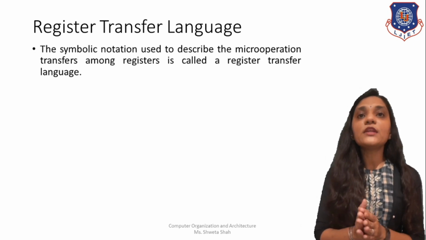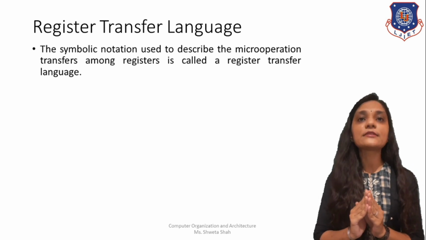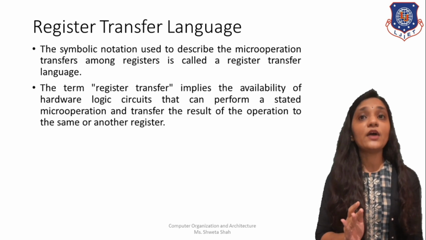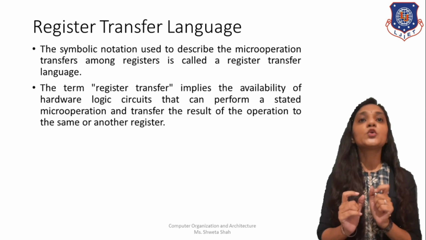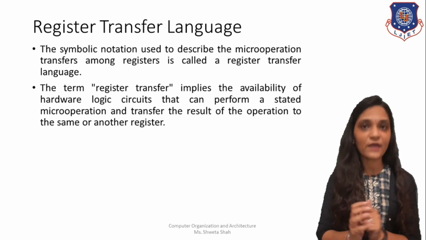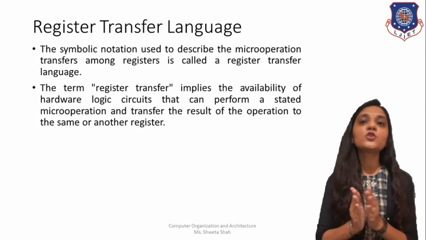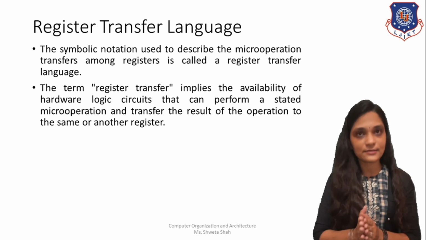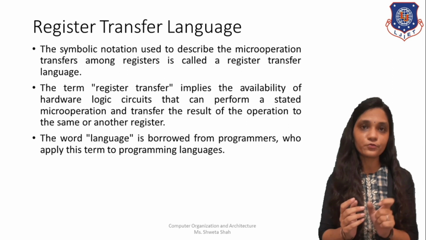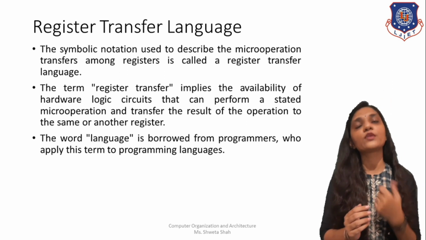The symbolic notation used to describe the microoperation transfers among registers is known as register transfer language. Here we have used the term register transfer to imply the availability of the hardware logic that can perform the stated microoperation, and transfer the result of this operation to the same or another register. Okay, and this word language is borrowed from programmers, which applies to the term programming language.